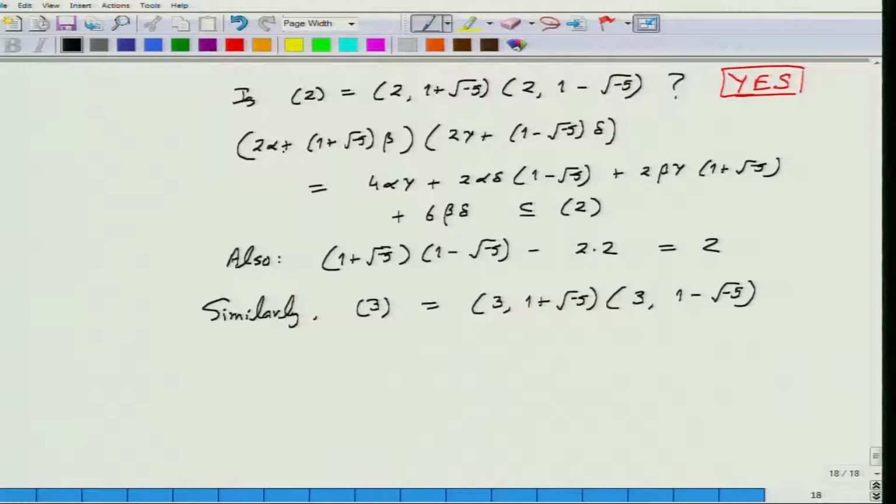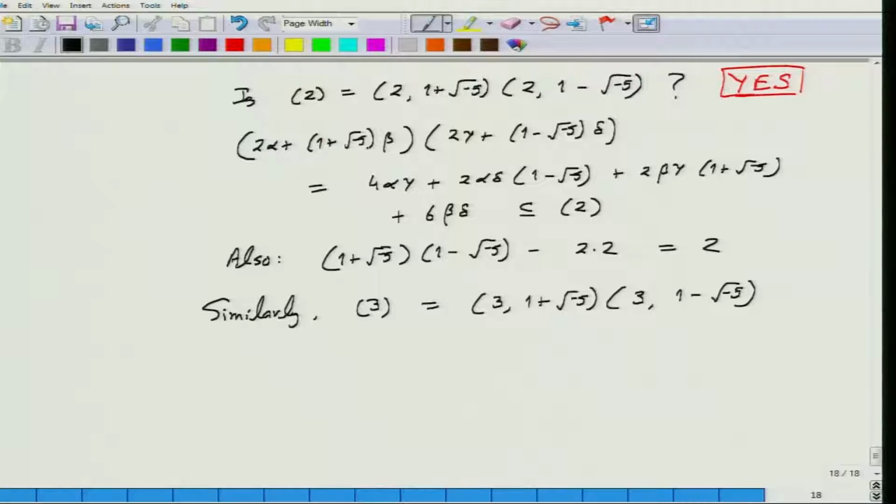If you take a generic element of this product, which will be of the same kind except that instead of 2 we'll have 3, and you multiply this out, instead of 4 we'll have 9, 3, 3, and then 6 will remain. So all of this is a multiple of 3.